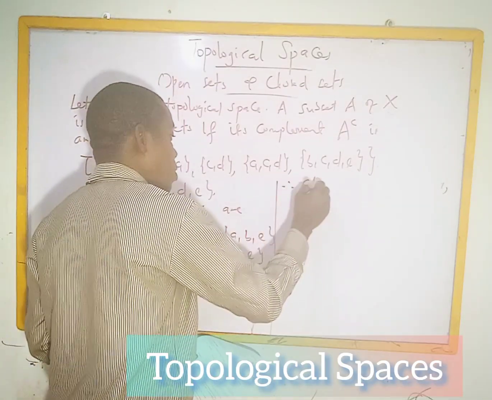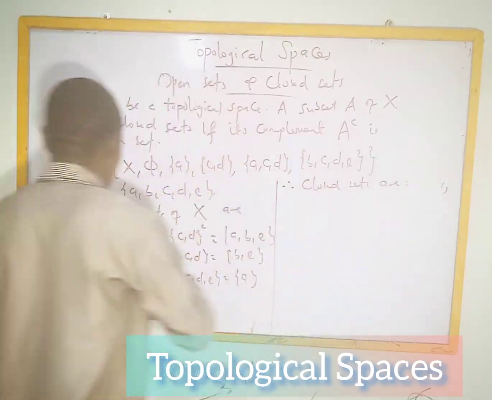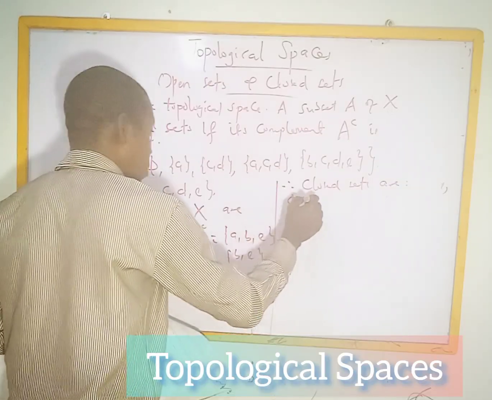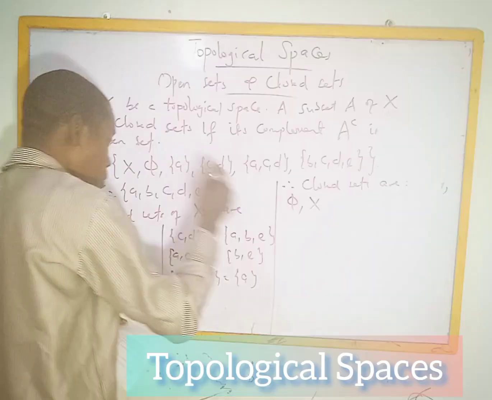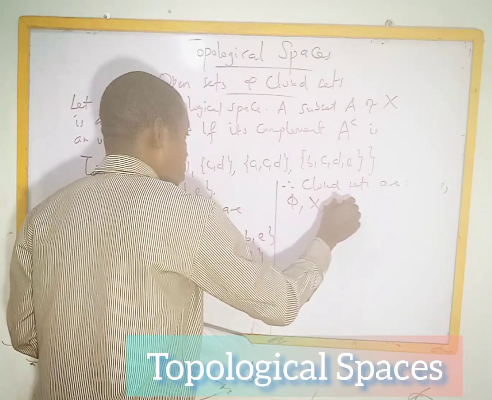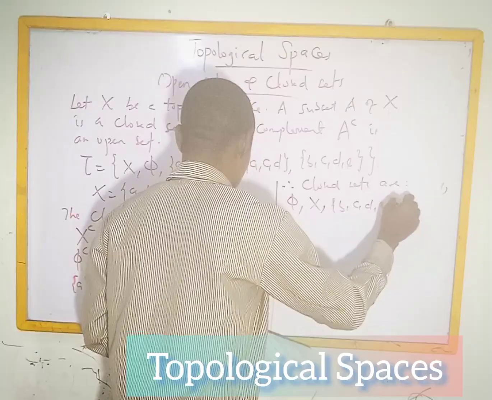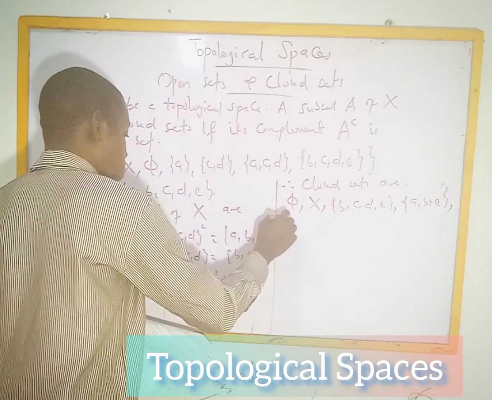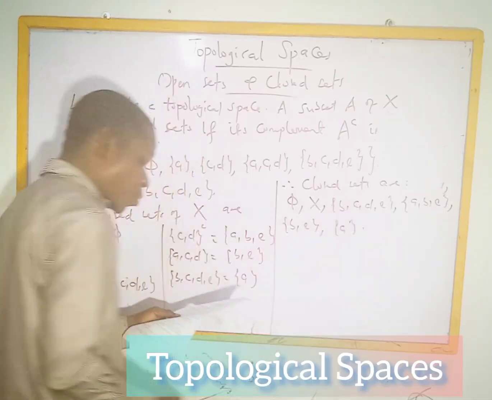Therefore, the closed sets are: the empty set, X on its own, B, C, D, E, then A, B, E, then B, E, and A on its own.